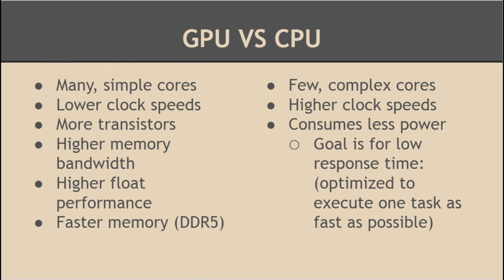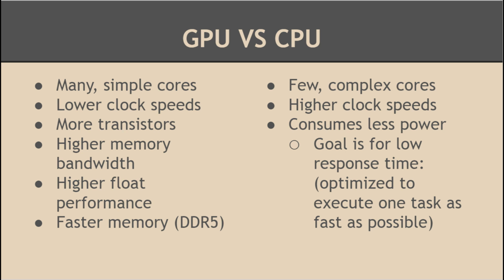There are also many other differences between GPUs and CPUs. One we already have covered is that GPUs have many more simplistic cores with lower clock speeds. GPUs also have more transistors, which are specifically designed to rapidly manipulate and alter memory to accelerate computations.